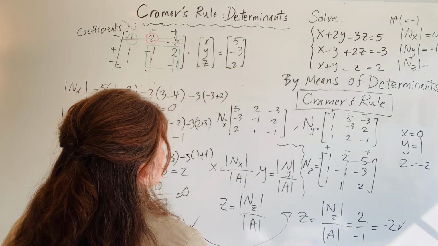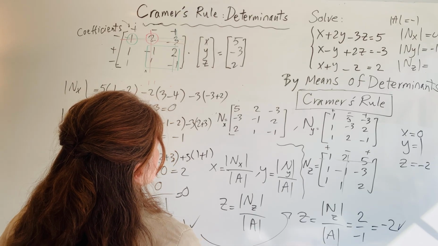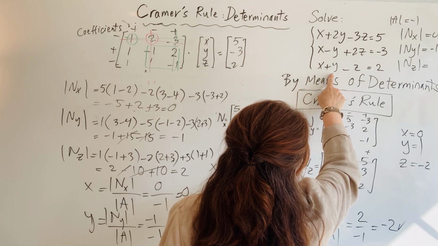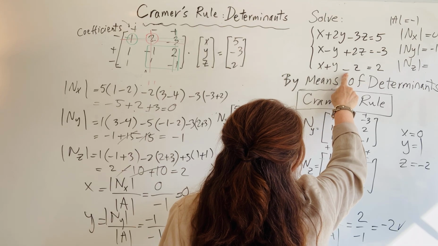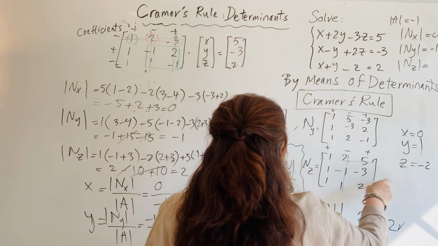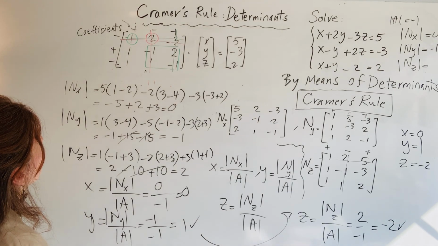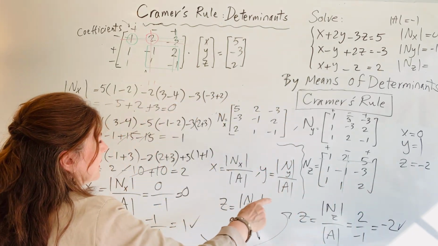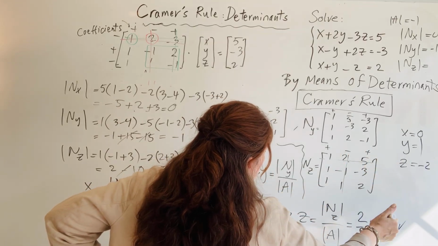Okay, we can check this one. 0, 1. This is 0. It gets 1. Z is -2. It must be 1 actually, -1, but I made a mistake. It must be -1 actually. But this is your assignment. Go and check the work. This is -1 and the answer gets -1.